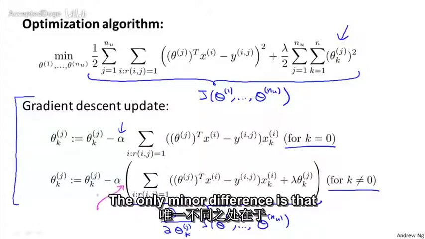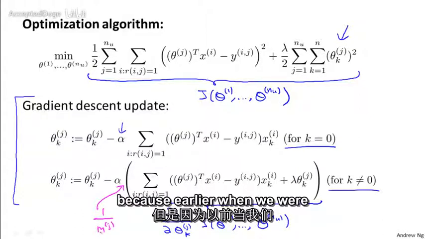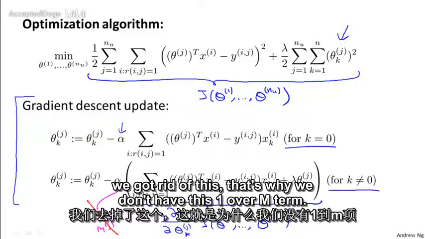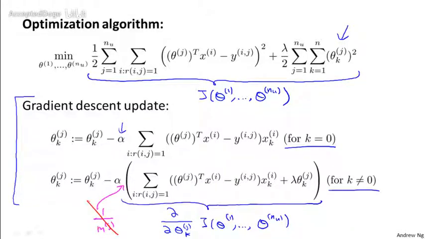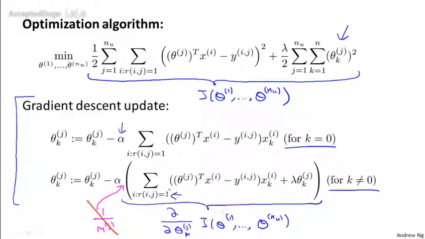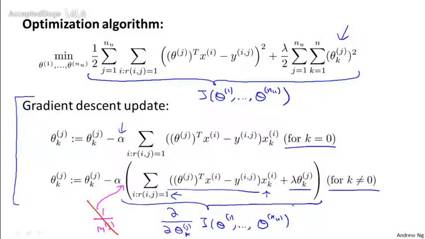The only minor difference is that for linear regression, we had these 1 over m terms. It really would have been 1 over mj, but because earlier when we were deriving the optimization objective we got rid of this, we don't have this 1 over m term. Otherwise, it's really the sum over my training examples of the error times xk, plus the term that the regularization contributes to the derivative.